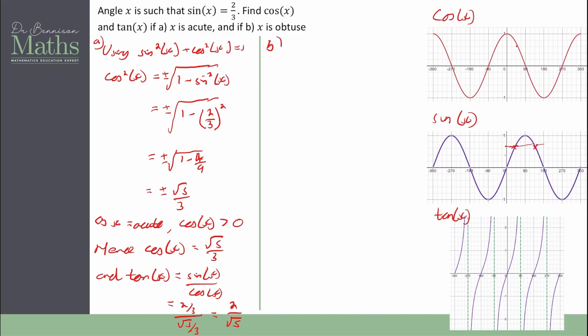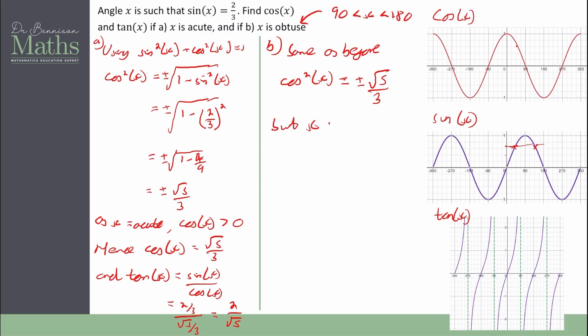Now, part B, if I'm told that x is obtuse, well, that means that x is bigger than 90, but less than 180. Then, same as before, we find that cos x is plus or minus root 5/3, but x is obtuse.